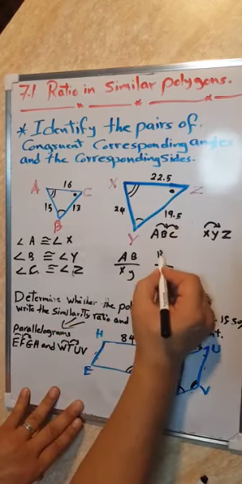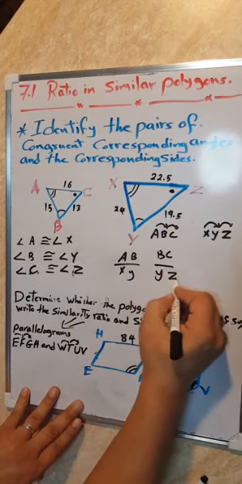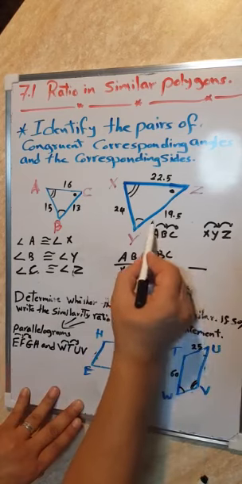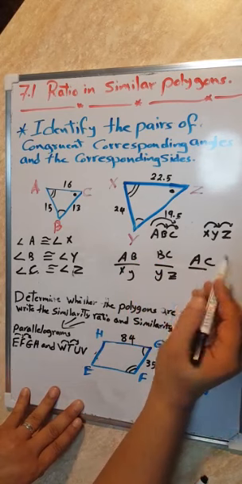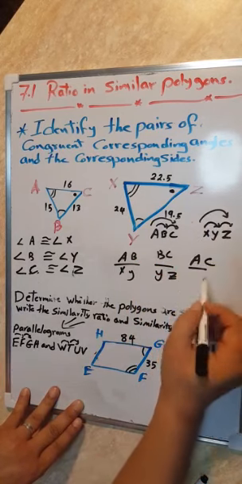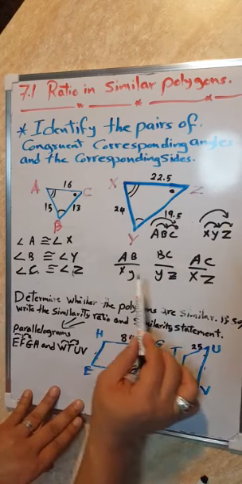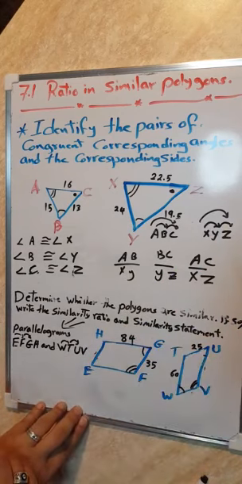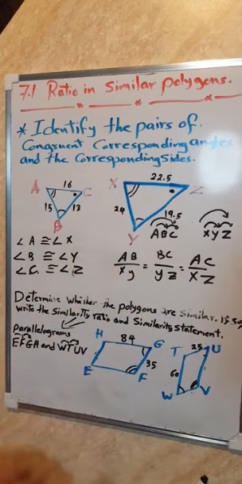BC is corresponding to YZ. AC is corresponding to XZ. And these fractions, these proportions, are supposed to be what? Equal, all of them, if the two triangles are similar.